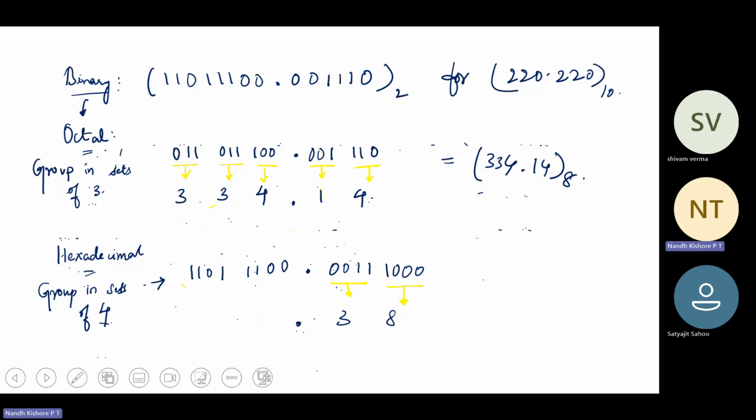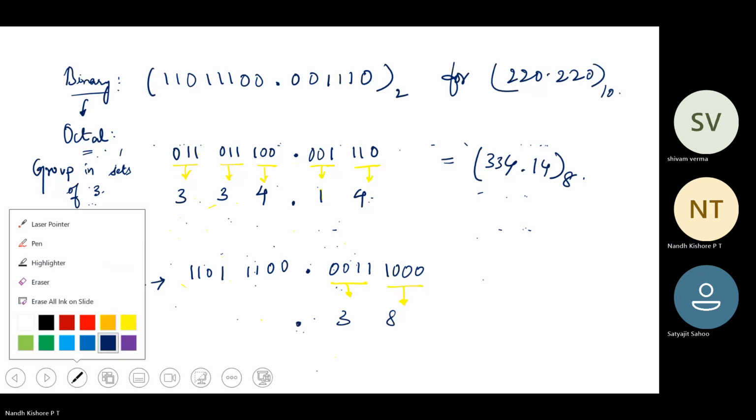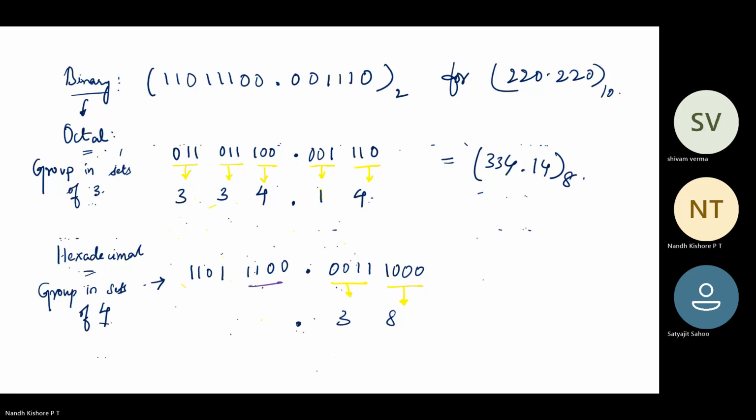And what is 1100? 1100 is going to be 0 into 2 power 0 plus 0 into 2 power 1 plus 1 into 2 power 2 plus 1 into 2 power 3, right?